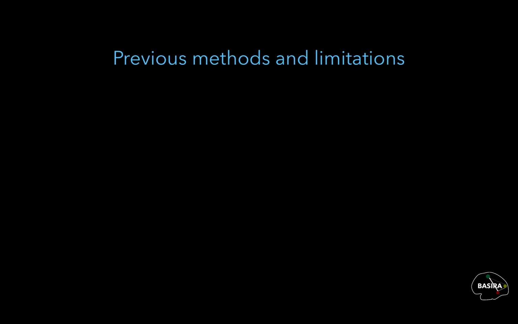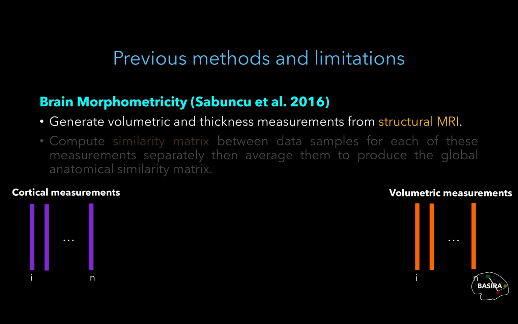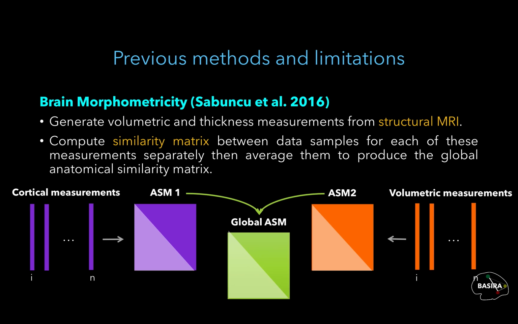More practically, to estimate brain morphometricity, volumetric and thickness measurements from structural MRI are first generated. Then a similarity matrix is computed for each of these measurements separately, then averaged to produce the global anatomical similarity matrix.